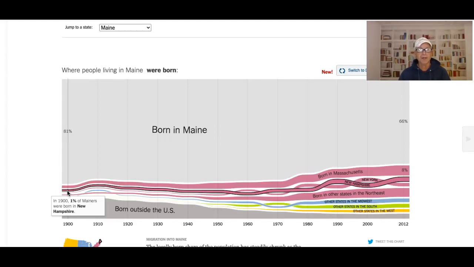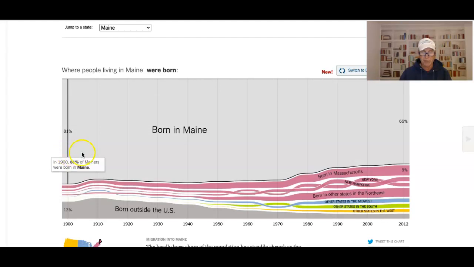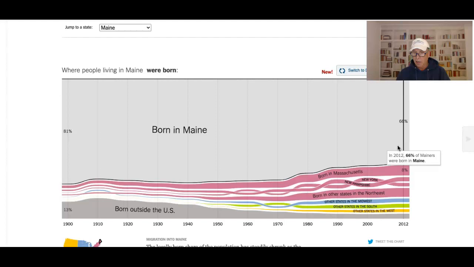Well, first of all, we're measuring the population, who was actually born in Maine by year. So in 1900, 81% of Mainers living in Maine were born in Maine. I'm going to move this down. Now we're in 2012. In 2012, 66% of Mainers were born in Maine.